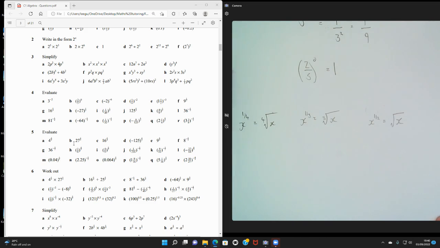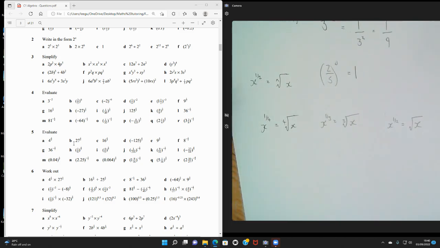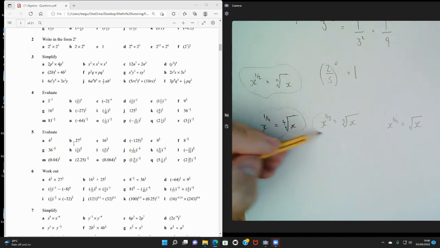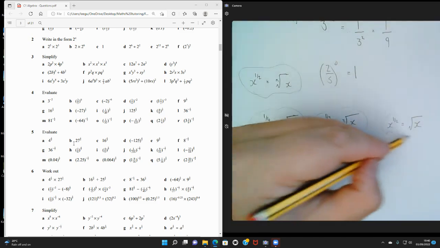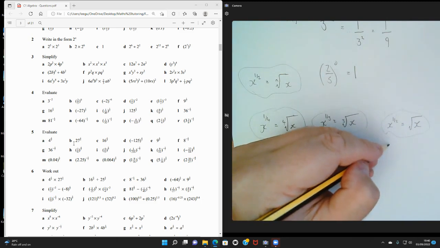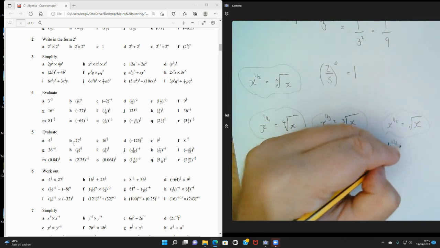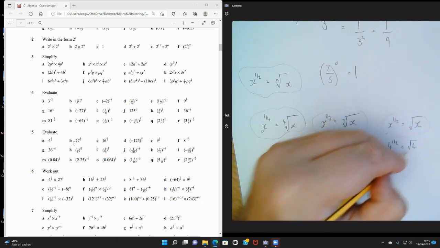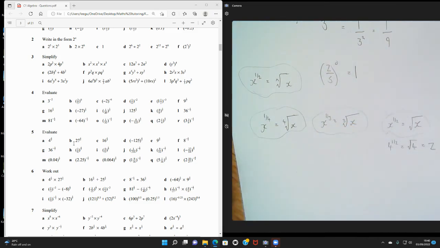And in fact, I could generalize this. If I have x to the 1 over n, then that is going to be the nth root of x, like so. Okay, so those are just some different ways of writing down these powers. So let's have a look at a little example here. So if I had 4 to the power of a half, that is root 4, so that would be equal to 2.